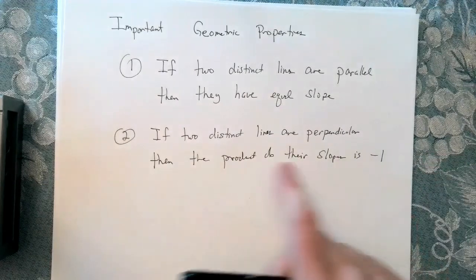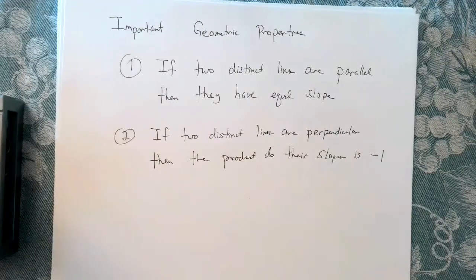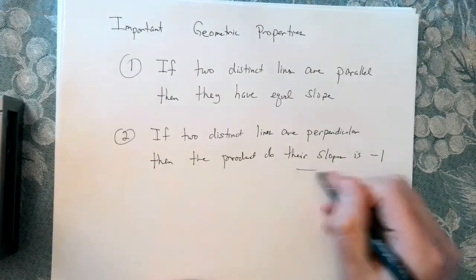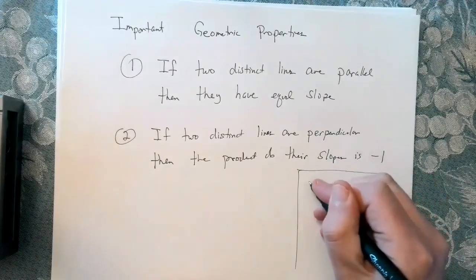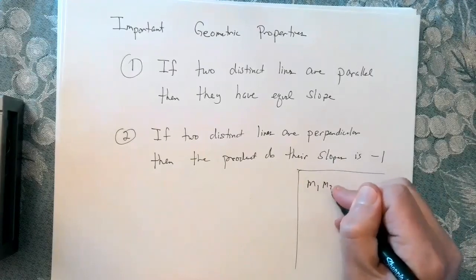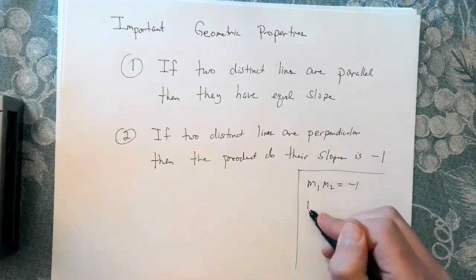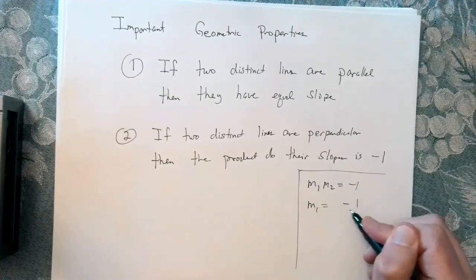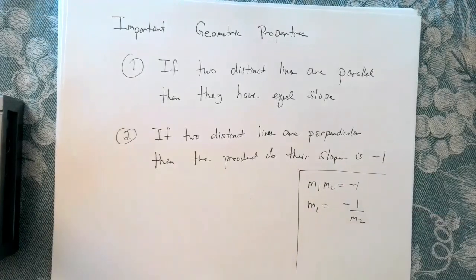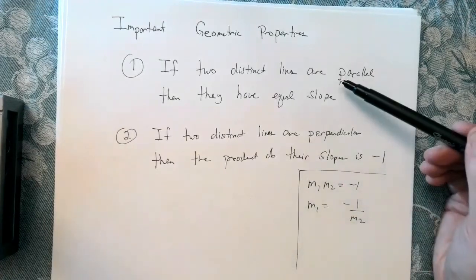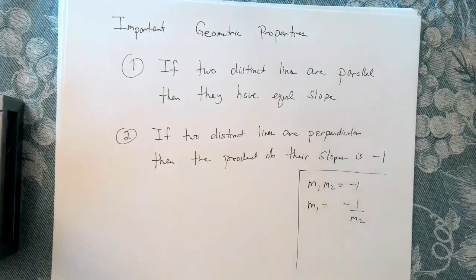That's the same thing as saying they have negative reciprocal slopes, right? Why is that equivalent? Because if I say m1 times m2 is -1, then m1 is equal to the negative reciprocal of m2. So these are properties you've heard of before, but today we're going to prove them with a bit more care.